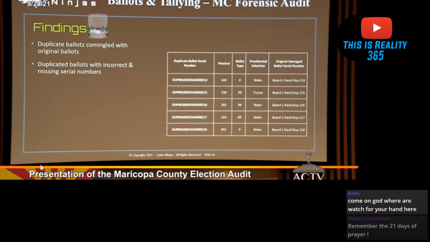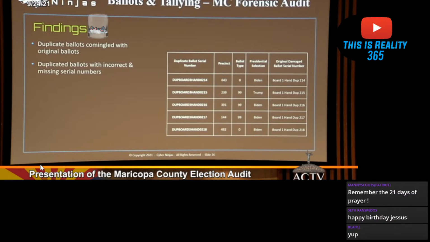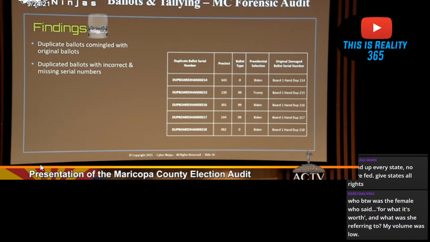On the left-hand side, it says dupe board 3 hand 0 2114. On the right, it says board 1 hand dupe 214. We were able to match these up because of the ballot characteristics and the precinct that it came from, but it's a very painful process, and it has to be done manually in order to figure out what matches to what else when they're not actually stamped with the same exact serial number on them.